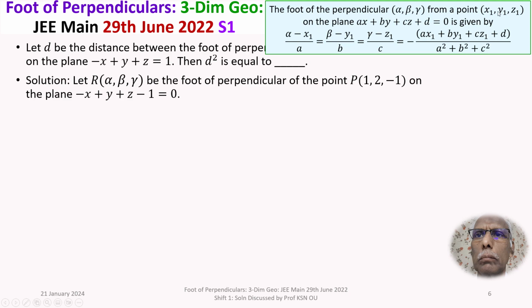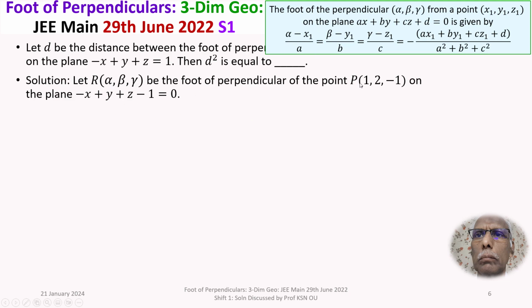In our case, alpha, beta, gamma is taken as alpha, beta, gamma only. The point (x1, y1, z1) is (1, 2, -1), and the plane ax + by + cz + d = 0 is -x + y + z - 1 = 0. Let's apply the formula here.